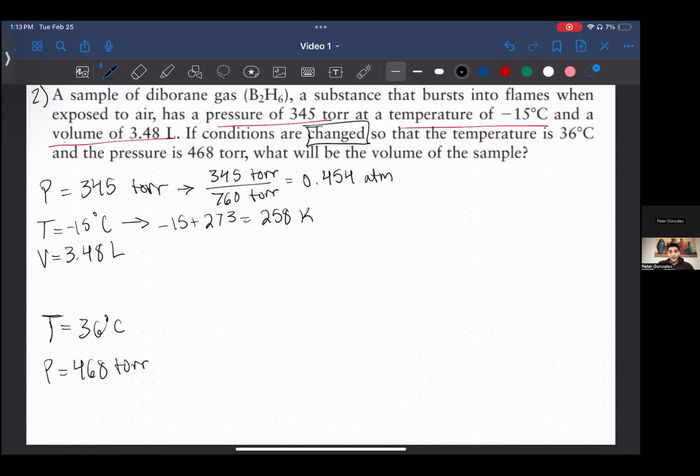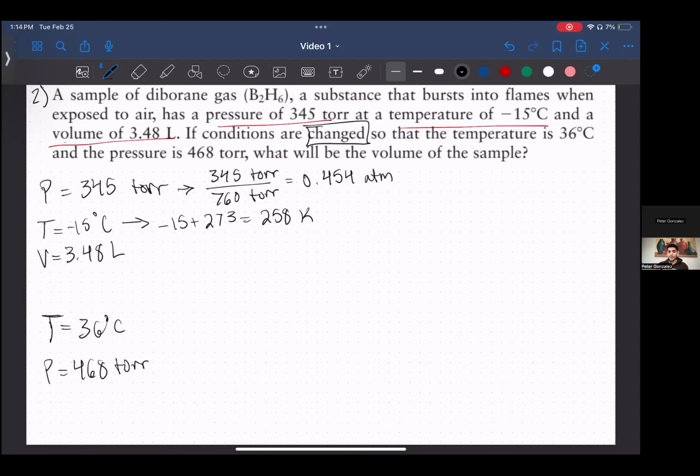One thing to note: what information were you not given here at all? You weren't told about the moles of substance. We have no clue how much of this diborane there is, meaning it probably doesn't matter. And that's more proof as to why we probably won't use ideal gas law, because that involves the moles. We have to know how many moles there are in order to proceed.